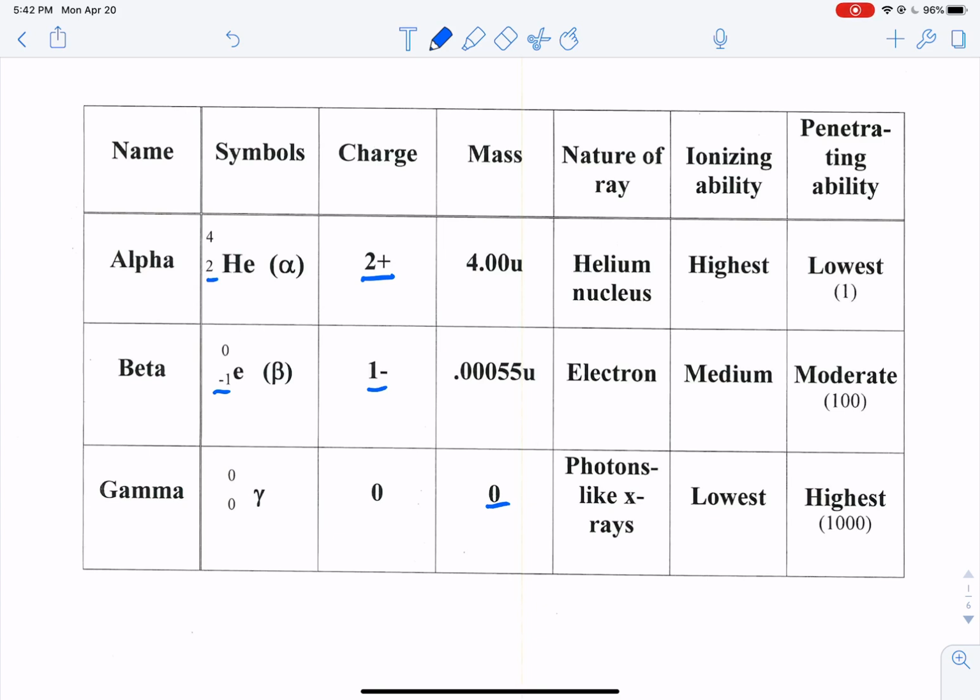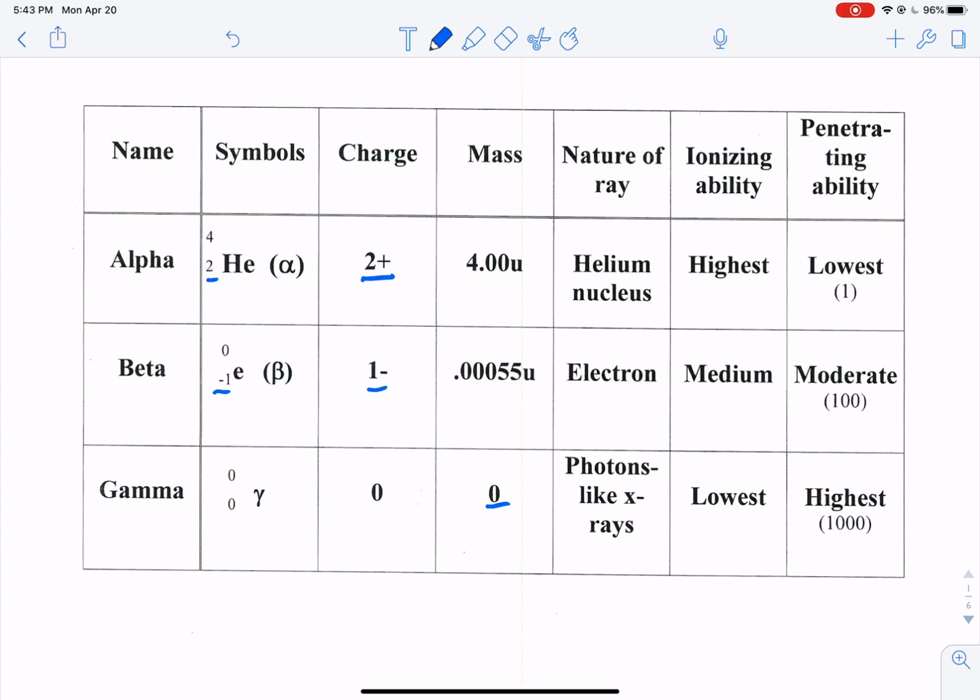And so alpha particles would have the highest ionizing radiation because they're so big. When an alpha particle enters a cell, it's not too difficult for that alpha particle to smash into a protein or a piece of DNA or a subcellular structure and do damage.